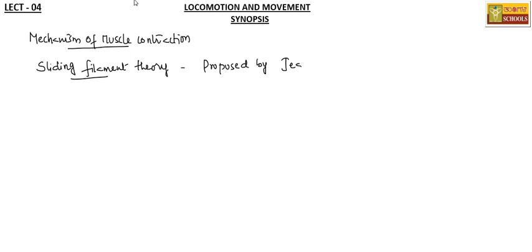This mechanism of muscle contraction is explained by the sliding filament theory. This sliding filament theory was proposed by two persons, named Jean Hanson and Andrew F. Huxley.